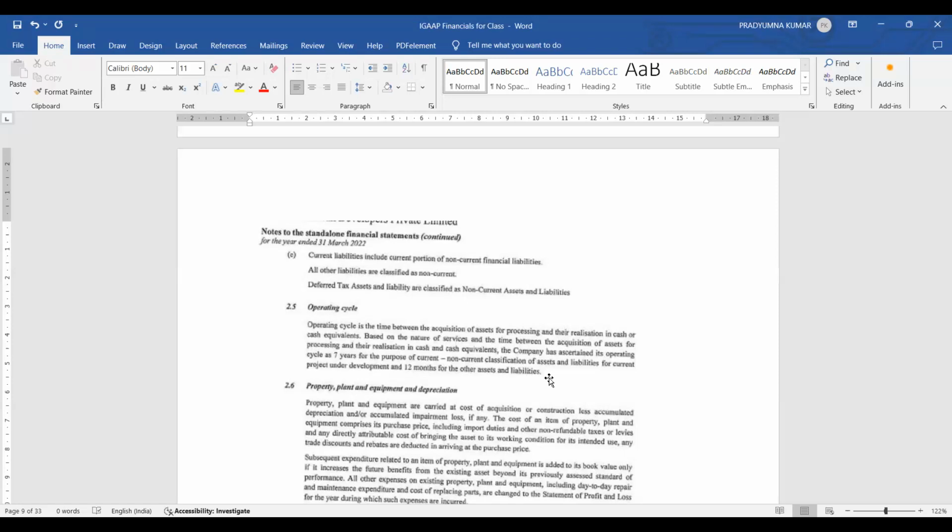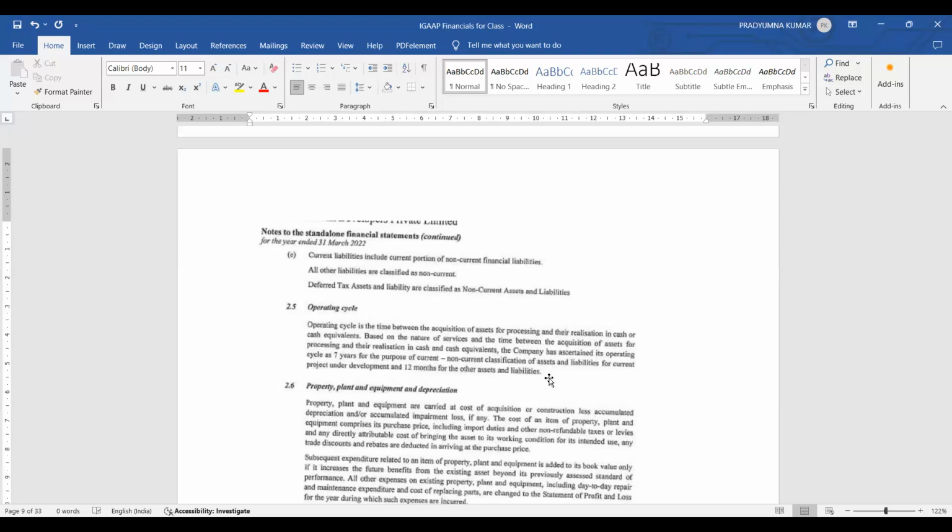That is why they are taking 7 years, because their project duration is 7 years. If they are selling any flat or whatever their product is today, they will realize it within 7 years. Or if they are constructing some property today, they have time to realize the same within 7 years.